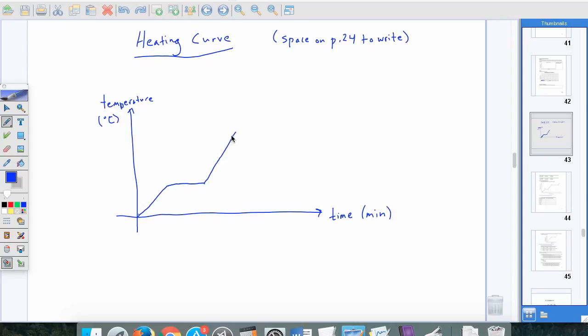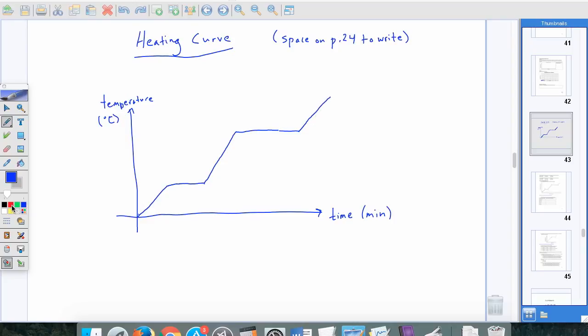And then at some point, when the liquid's hot enough, when it reaches its boiling point, it's going to start evaporating, boiling rather, and turn into a gas. At that point, the temperature is going to stay constant again until it's completely turned into a gas, and then the gas's temperature is going to start rising like that.